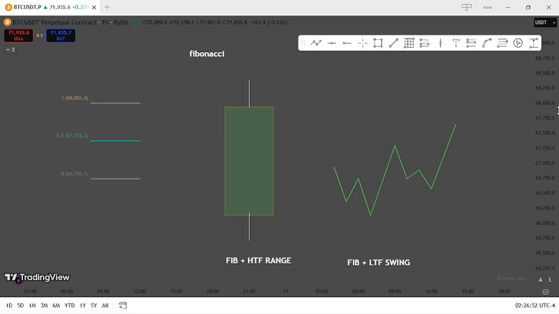A Fibonacci retracement tool is a tool that, when you draw on your chart using the high and the low of a particular price swing, you can see the midpoint of that range. So basically, a Fibonacci tool helps you get the midpoint of a range, because the midpoint of a range is where price mostly reacts from.